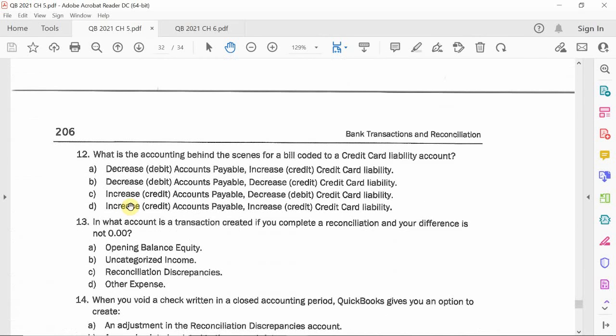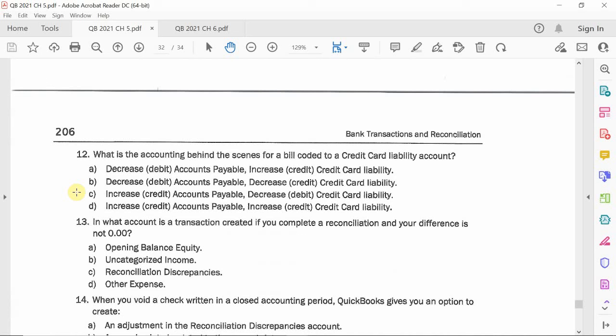All right, number 12. Okay, what is the accounting behind the scenes for a bill coded to a credit card liability account? C. C is correct, right?